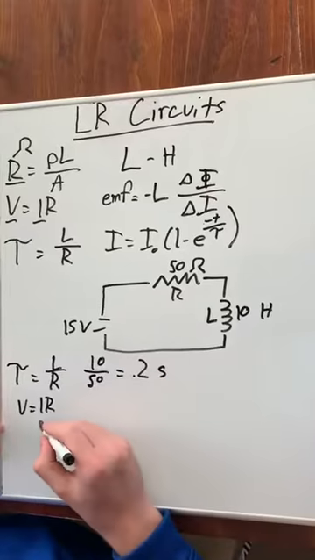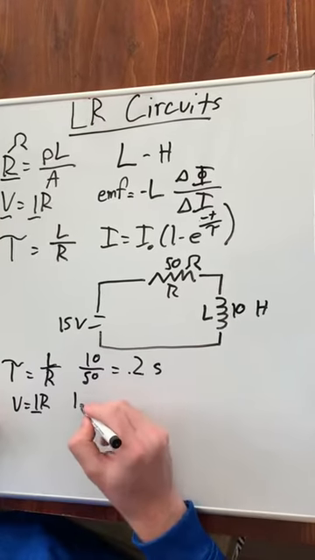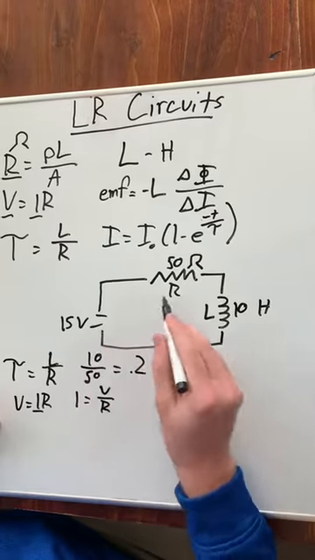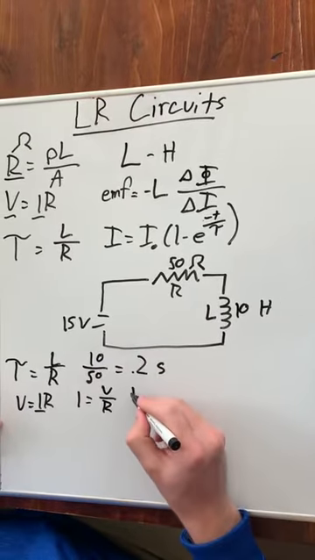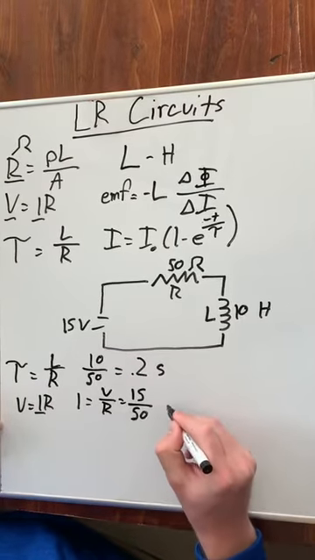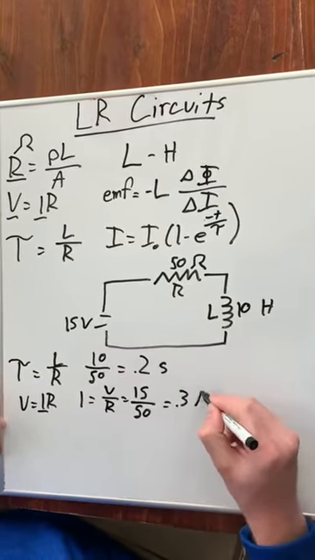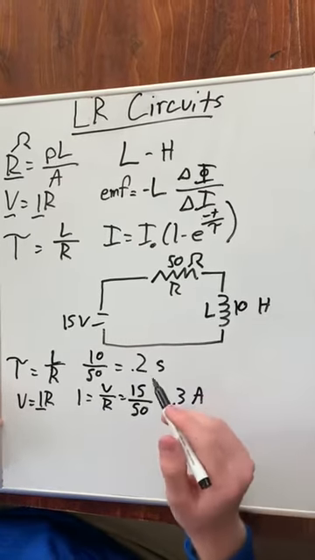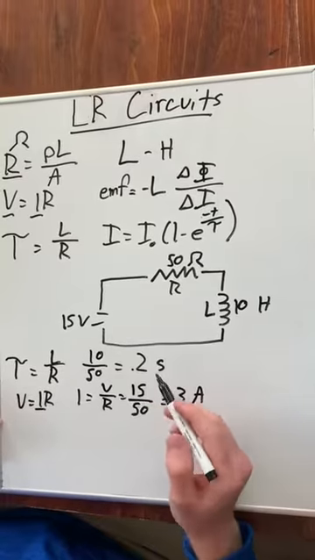So if we put this in terms of the current, we flip that around to I equals V over R. We already have those two variables, so it's 15, our voltage, over 50, which equals 0.3 amps.